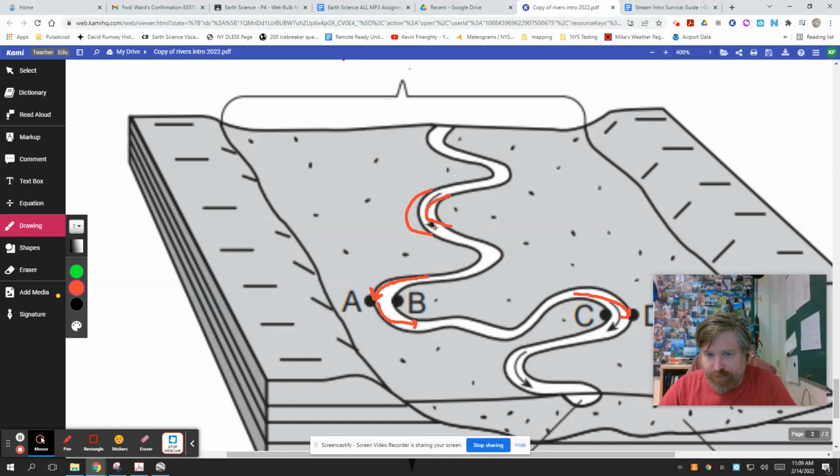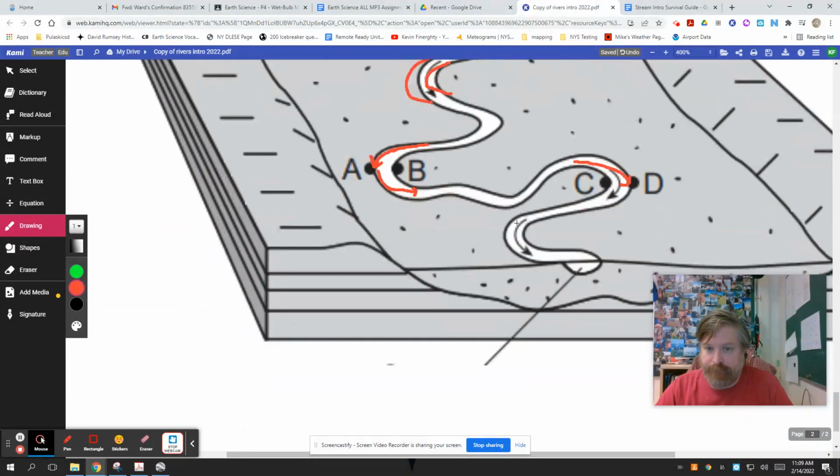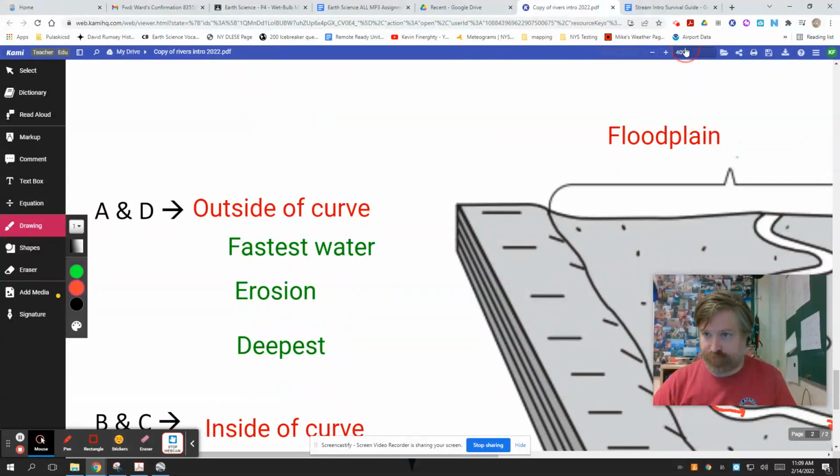So the stream itself, the bends will get larger and larger through time. And then if you can play that forward in your head for a minute, there's the outside of a curve, there's the outside of a curve. So eventually these two keep on eating away at the land until they meet. Then water takes the shortcut and it leaves behind this weird little body that we will come up with a name for, but not today because I think you guys have been through enough.